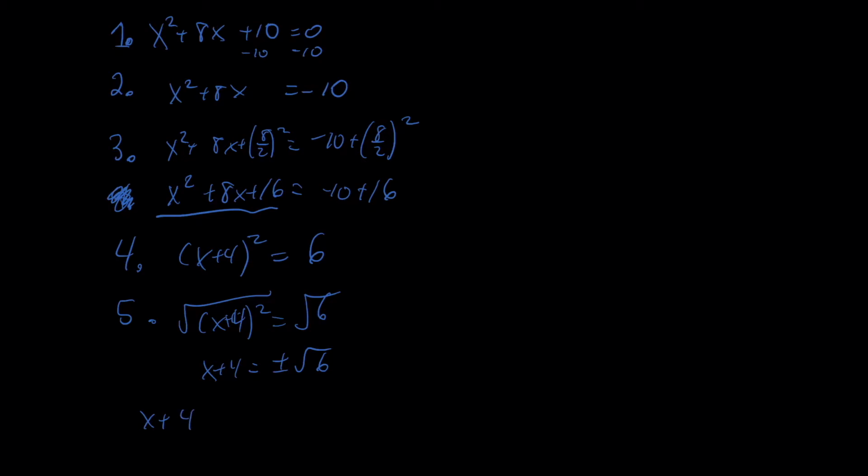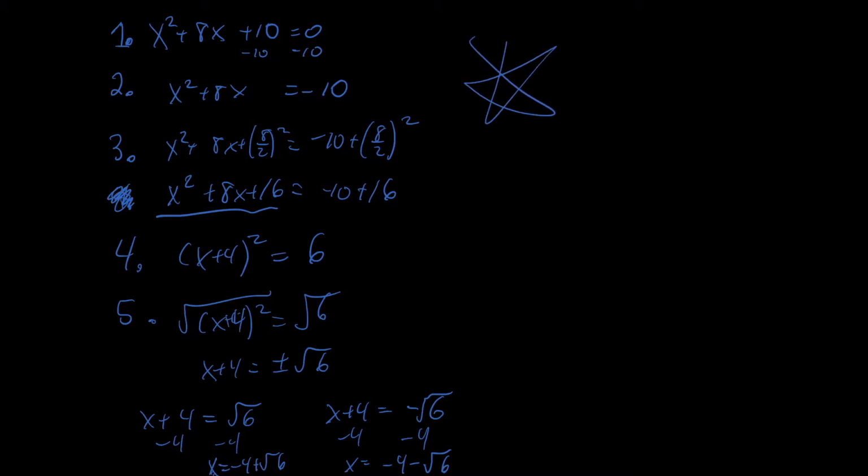So x plus 4 equals the square root of 6, and x plus 4 equals the negative square root of 6. I subtract 4 from both sides. x equals negative 4 plus the square root of 6, and x equals negative 4 minus the square root of 6. So that's how we would solve our first problem.